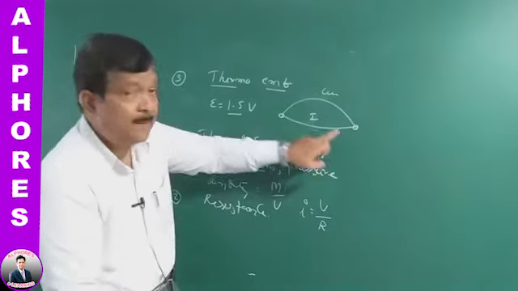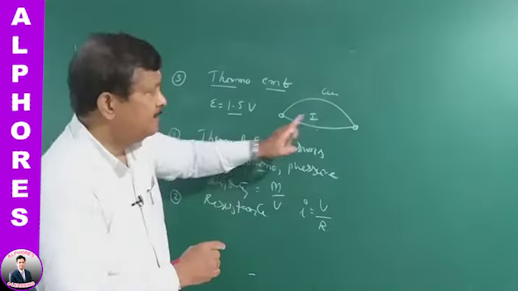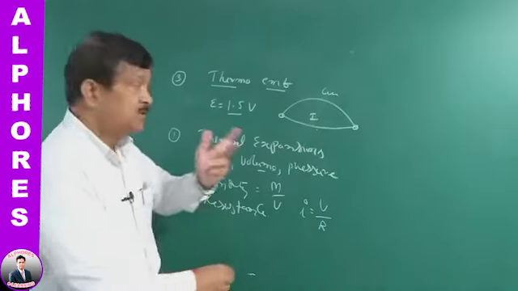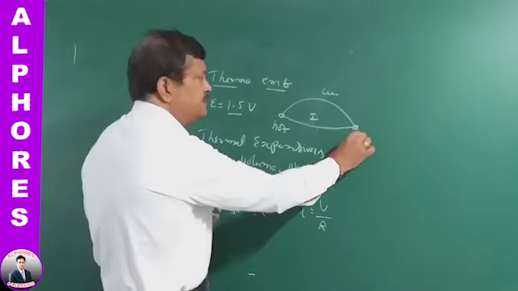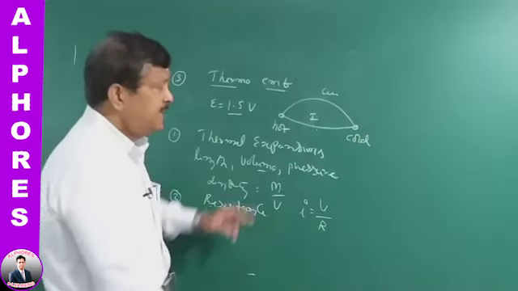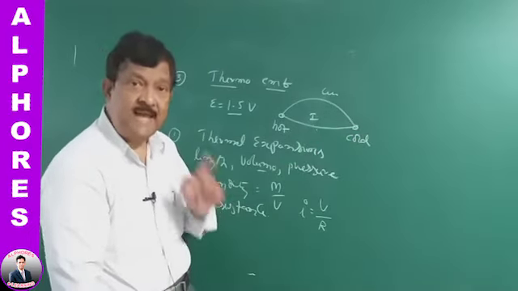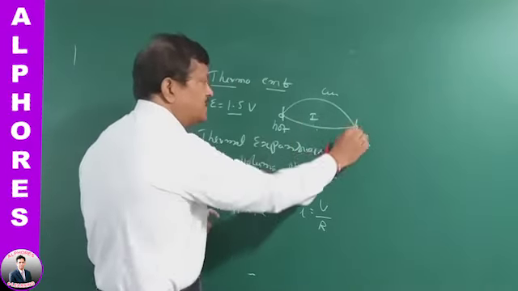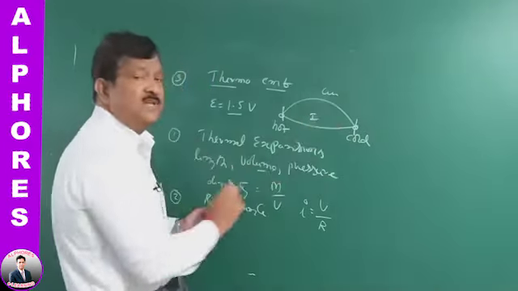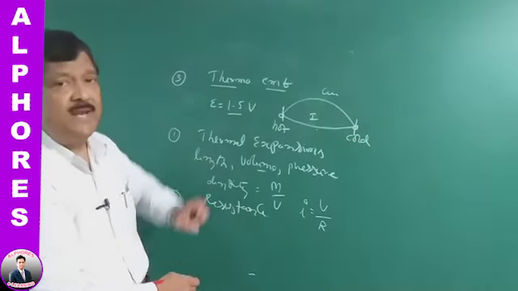When a temperature difference is developed between these two junctions, suppose one junction is maintained as a hot junction and the second one as a cold junction, then EMF, electromotive force, is developed between these two junctions. That is called thermo EMF.